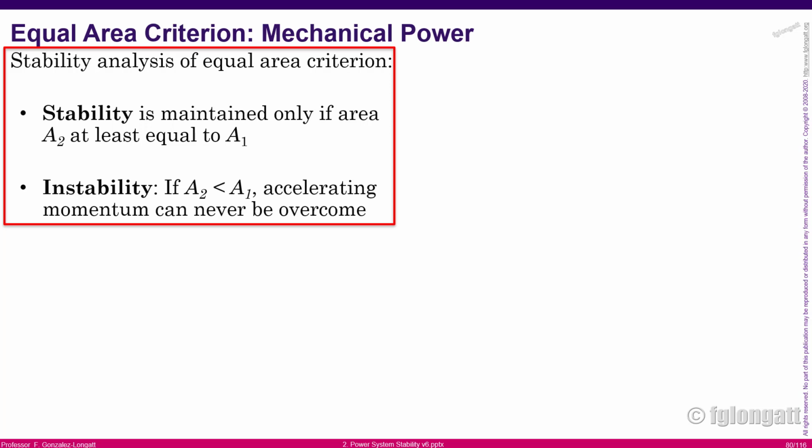If there is any valid operating point that allows the accelerating and decelerating areas to be equal, we will reach a final state, and that state will be a valid steady state that allows the operation, and the system will be stable.